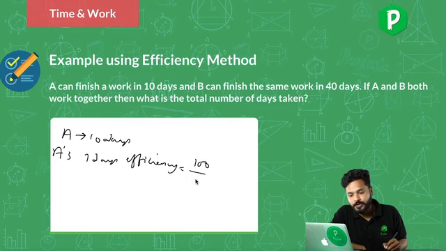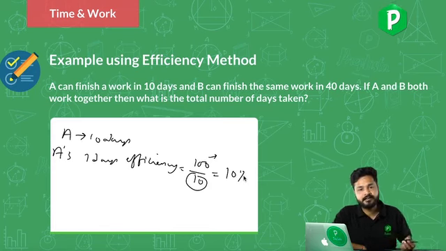So A's 1 day's efficiency would become 100 upon 10, 100 being the total work and 10 the number of days taken by him to complete the work. So his 1 day's efficiency is 10%. That means in a day he completes 10% of the work, so in 10 days he completes 100% of the work.